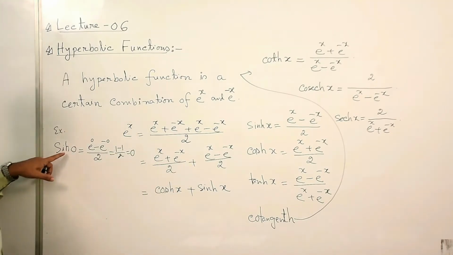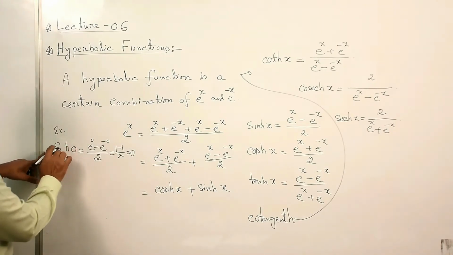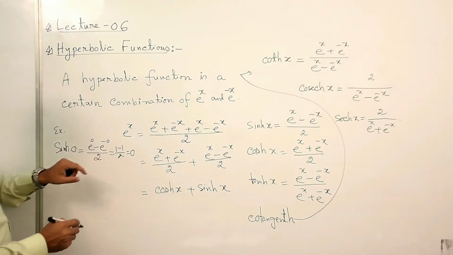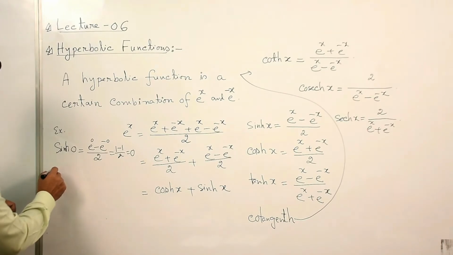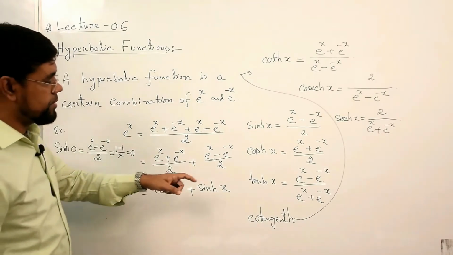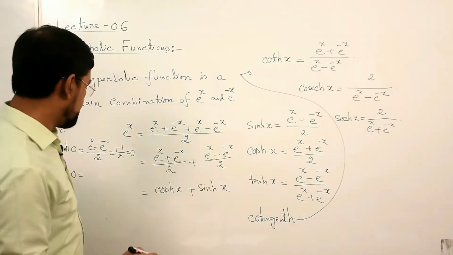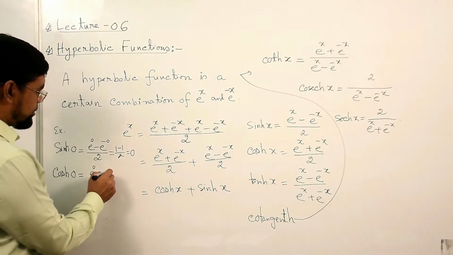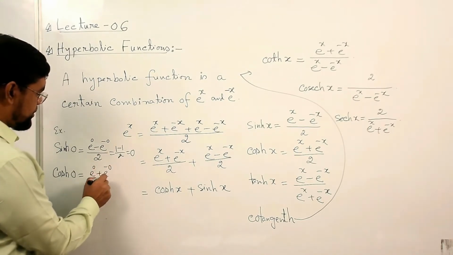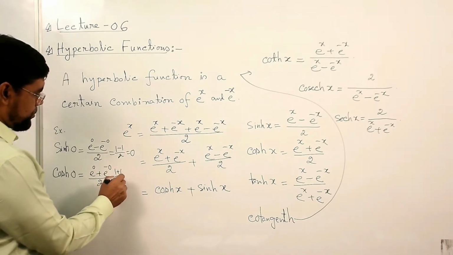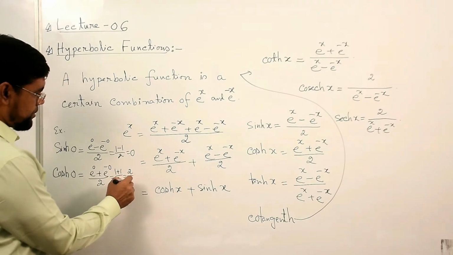So hyperbolic sine of 0 equals 0, and similarly you can calculate hyperbolic cosine of 0 by using this definition: e to the power 0 plus e to the power minus 0 divided by 2, which is equal 1 plus 1 divided by 2 is equal 2 divided by 2 equal 1.